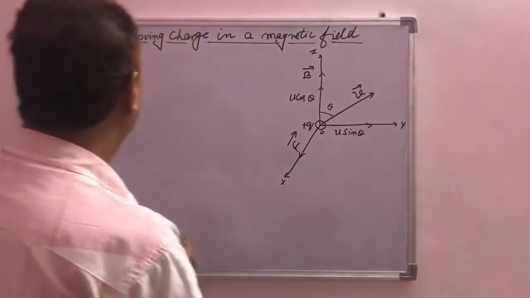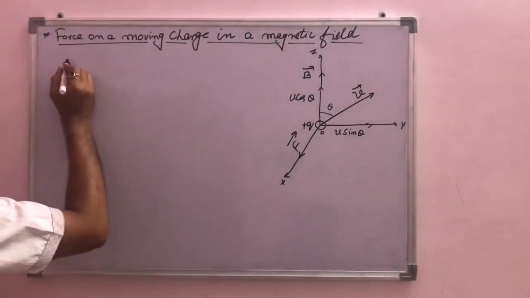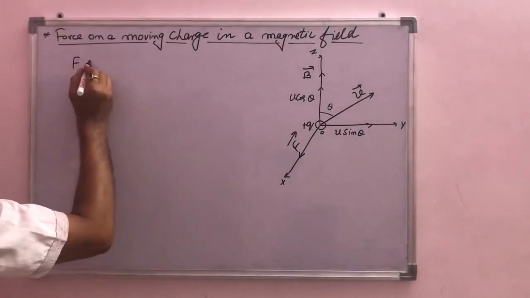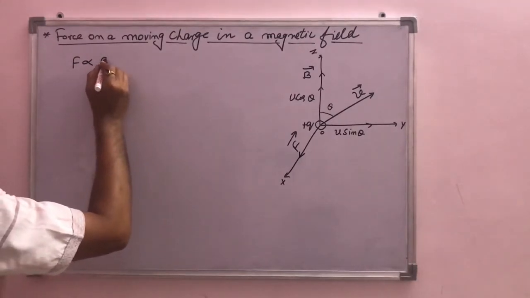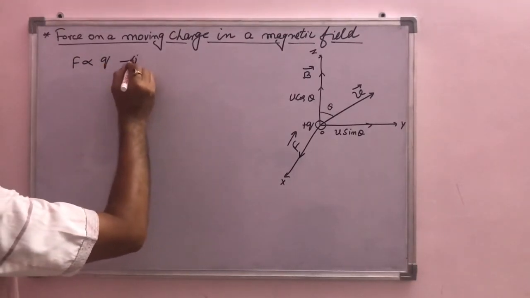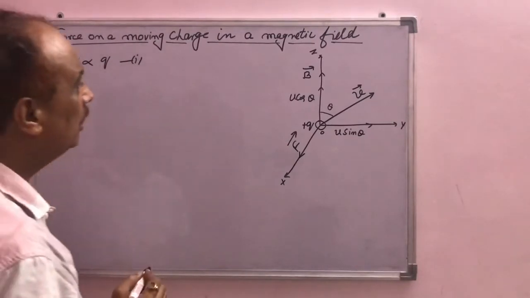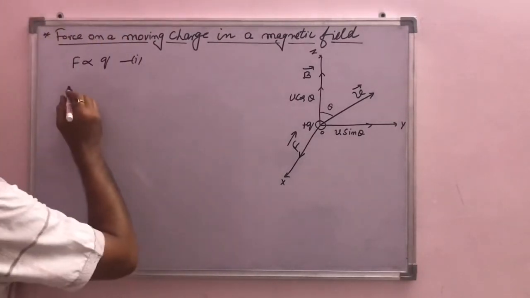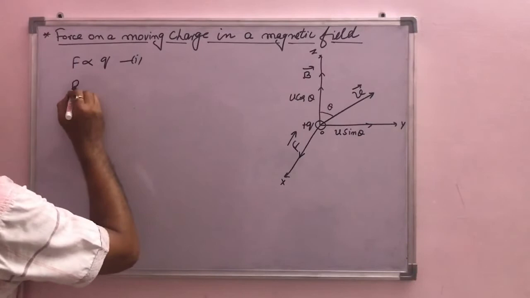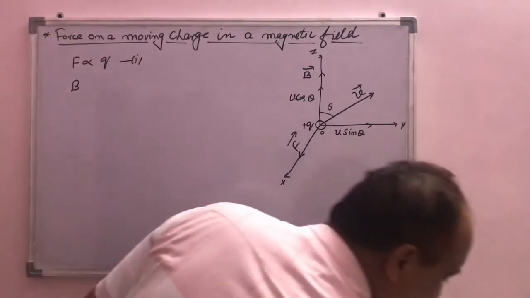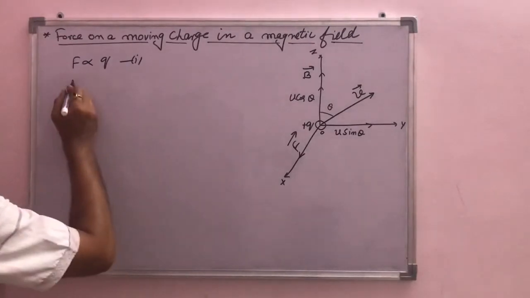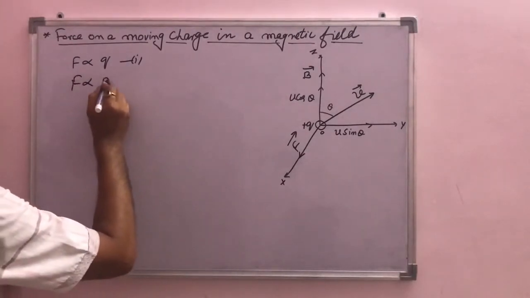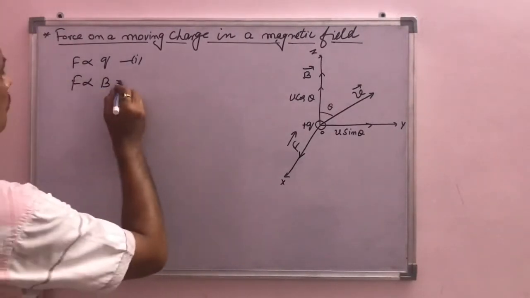It is found that the force acting on the charged particle is always directly proportional to the magnitude of the charge. That is equation number 1. Similarly, the force is directly proportional to the strength of the magnetic field.